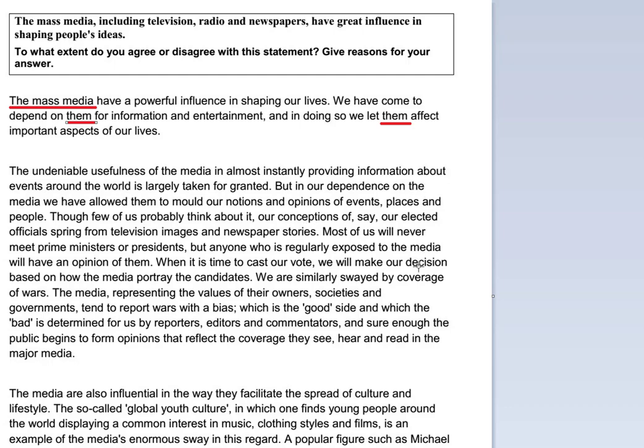Okay, well, it's illustrated. He uses 'but' a lot to indicate contrast. There's 'though'.